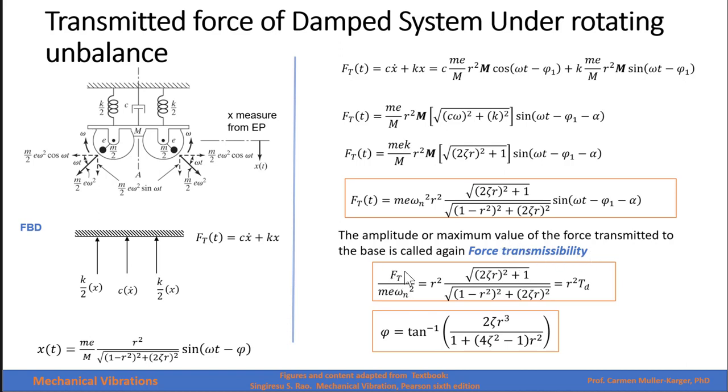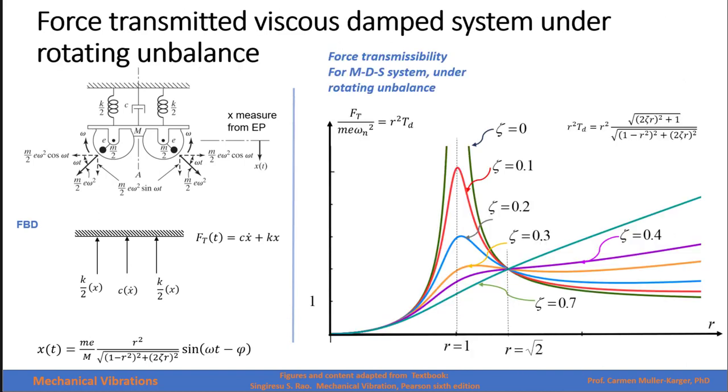The force transmitted to the base by an unbalance will be r squared times the transmissibility factor, and the combination of those two phase angles gives us this phase angle. And this graph right here represents the force transmissibility, which is r squared times the transmissibility factor.